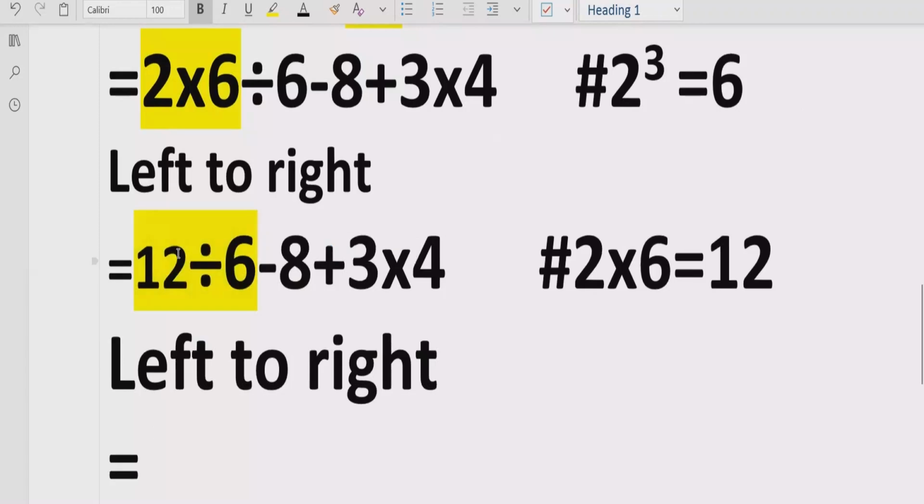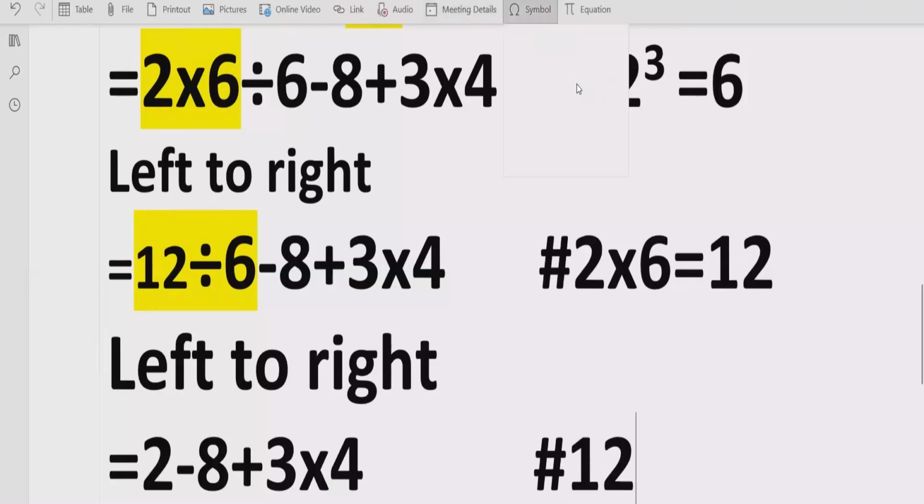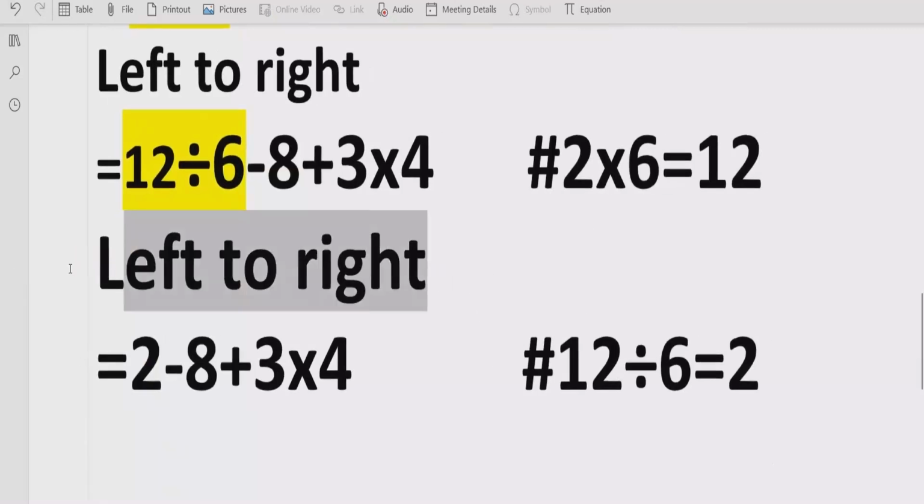So now we will divide 12 divided by 6 equals to 2, and minus 8 plus 3 multiplied by 4 we will write as it is. Here we will give the reference 12 divided by 6 equals to 2. Now we have to go again left to right and find again division and multiplication.